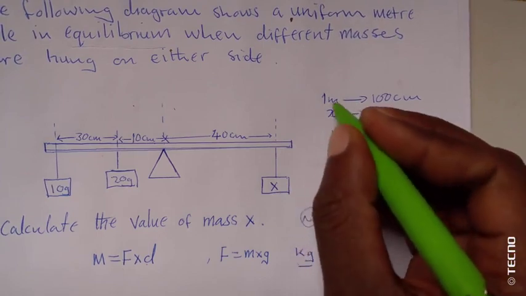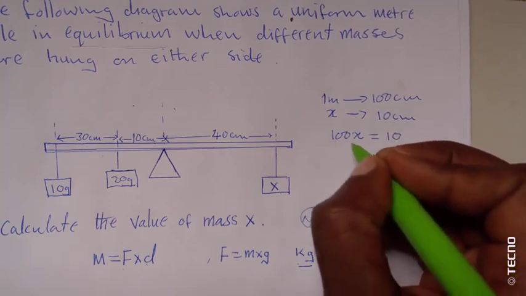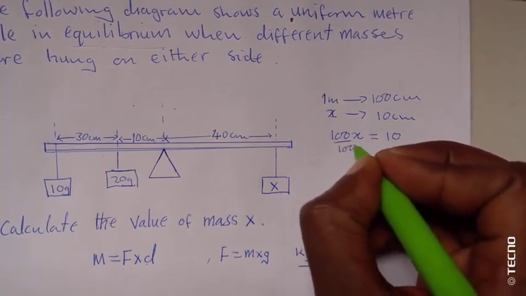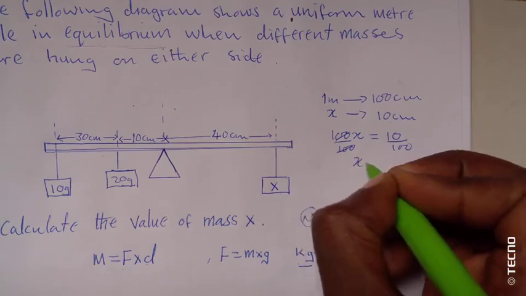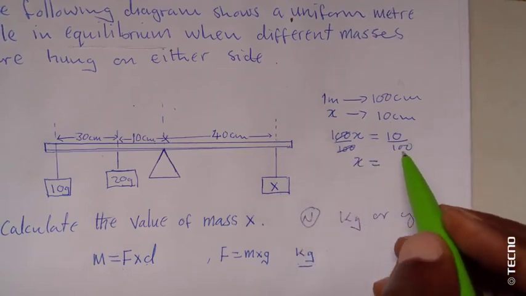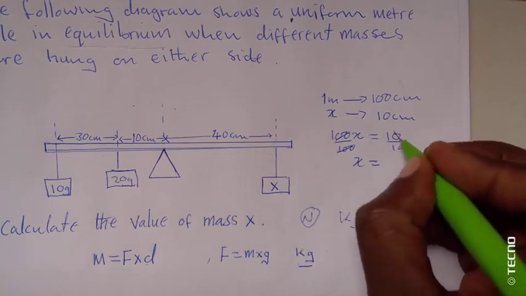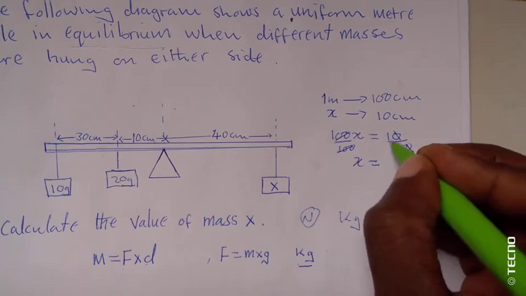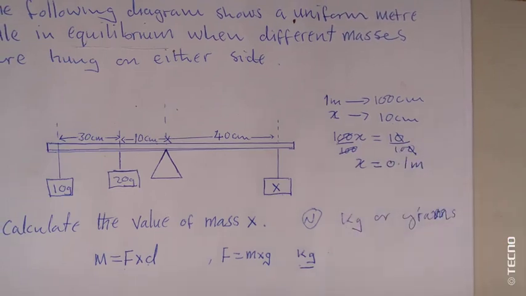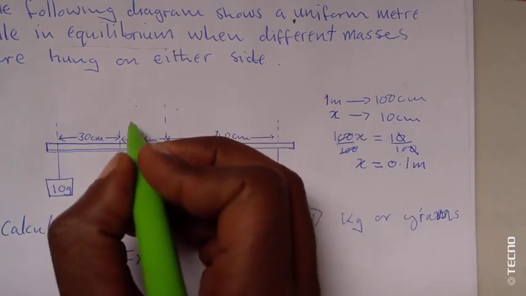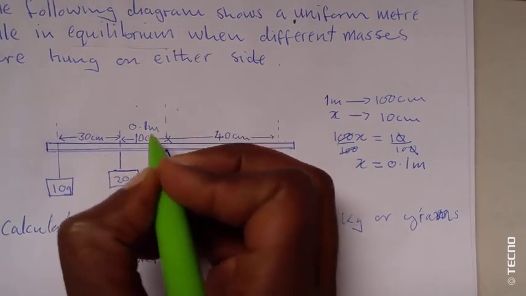X is equal to 1 times 10, which gives 10, over 100. So our x is equal to 10 divided by 100, which is 0.1 meter. So there you put 0.1 meter as your distance.